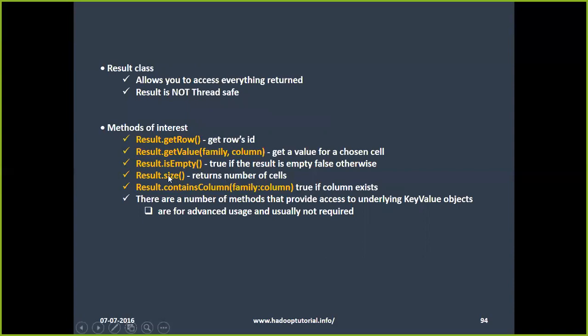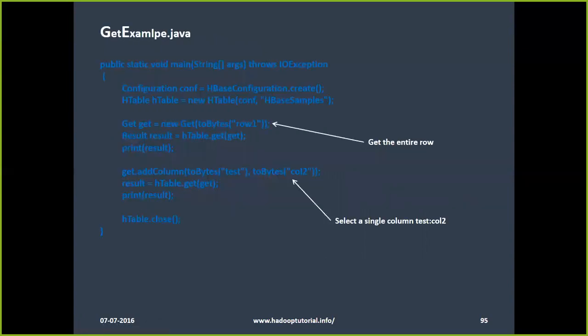Size returns the number of cells. And containsColumn tells whether that column exists in that result or not. Okay, this is another simple example for get. You can play with this.